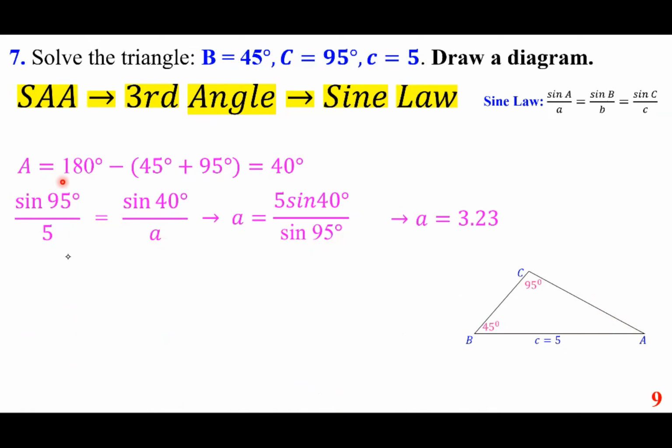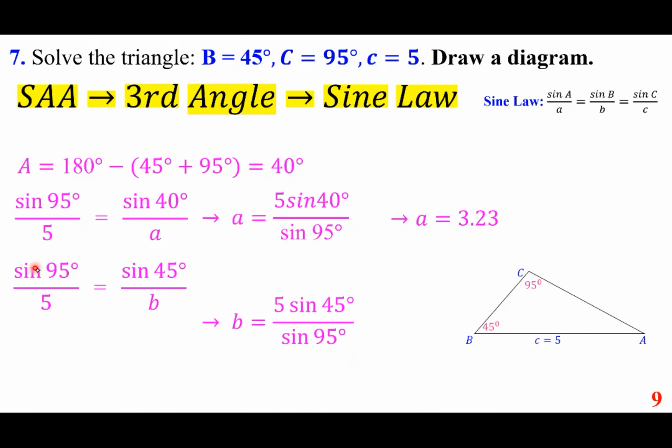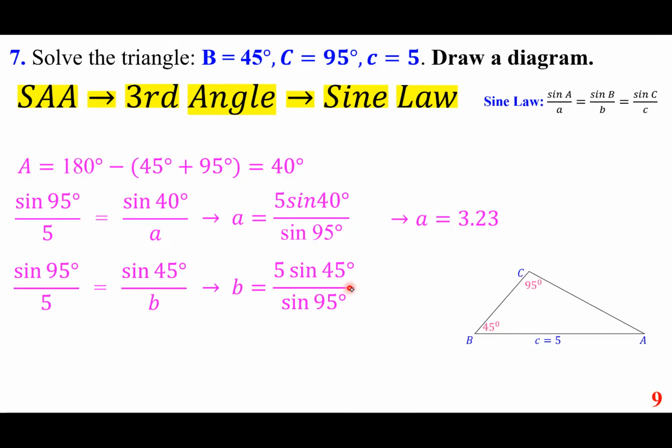We write the same thing, but this time sine of 45 over B. So B is the product of these two, 5 sine 45 divided by sine of 95. Again, using a calculator will give us the answer.